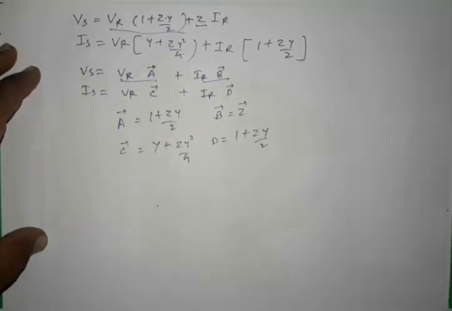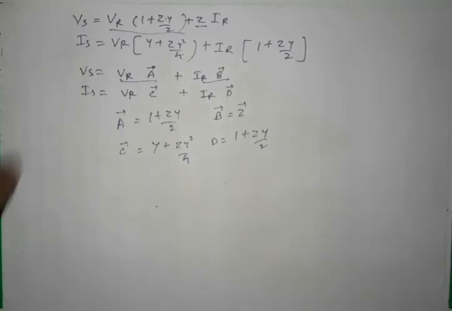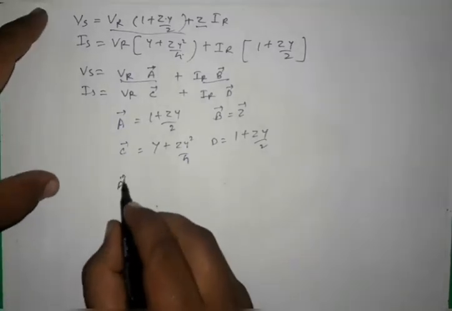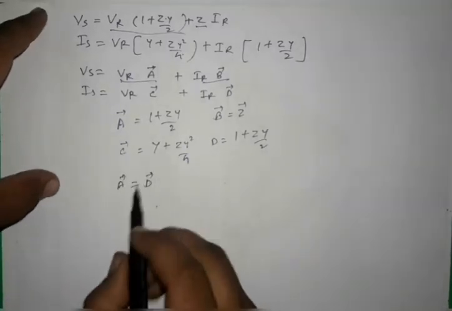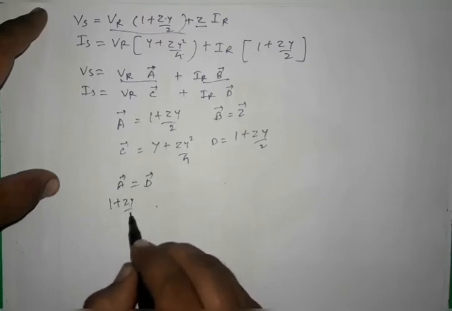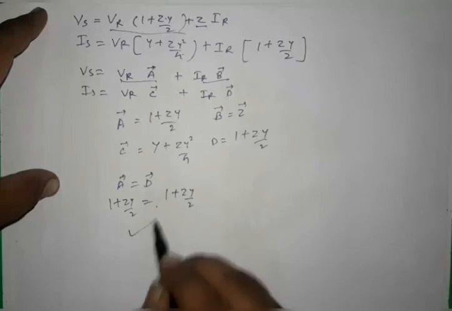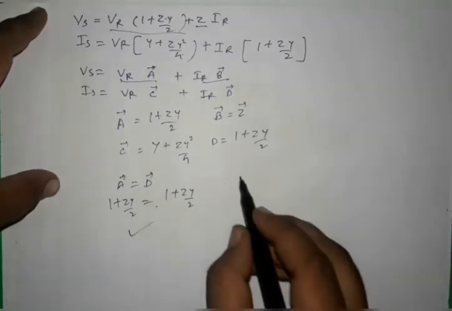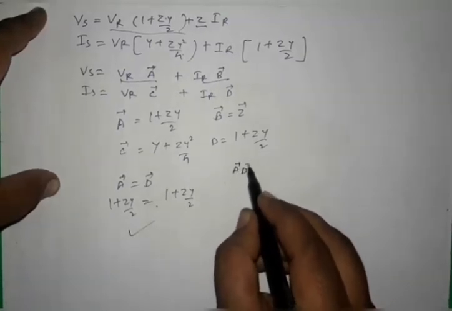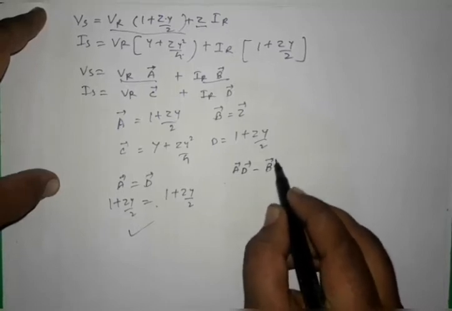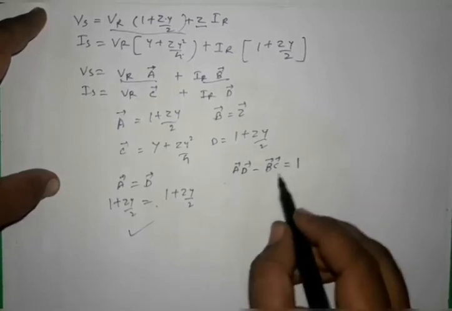So we apply the condition. First one is A is equal to D. So A is equal to 1 + ZY/2 and D is equal to 1 + ZY/2. So both are equal. Now AD minus BC is equal to 1.